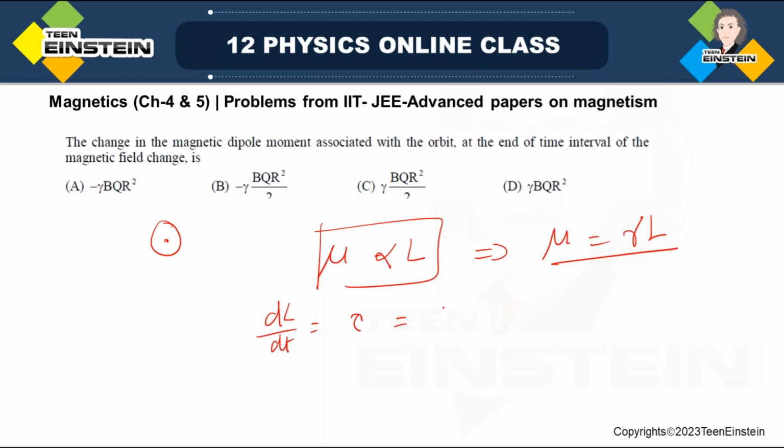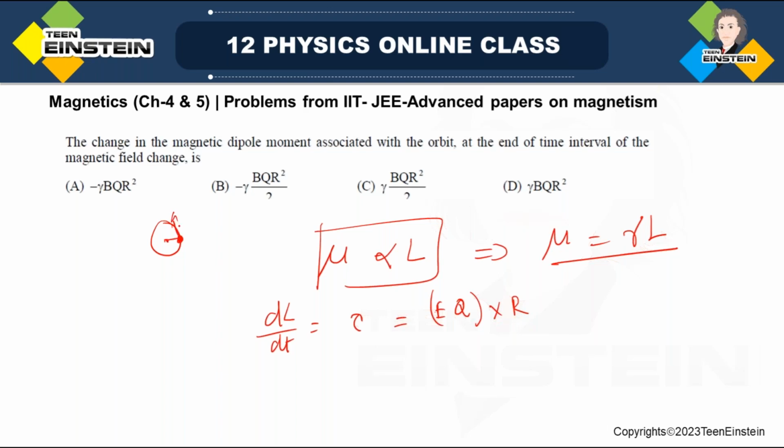There is an electric field, and electric field into the charge will be the force. Force into radius, the perpendicular distance on the charged particle, will give you the torque. If this is the charged particle, there will be a force, and this is the distance.